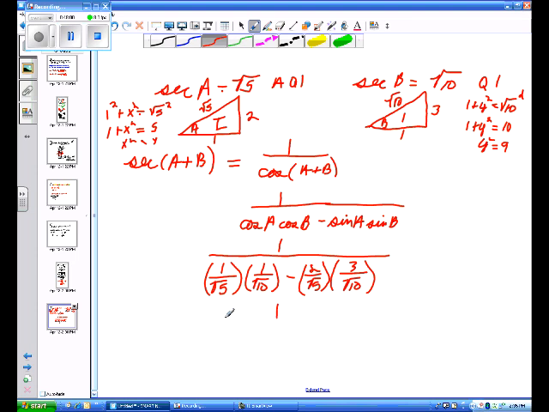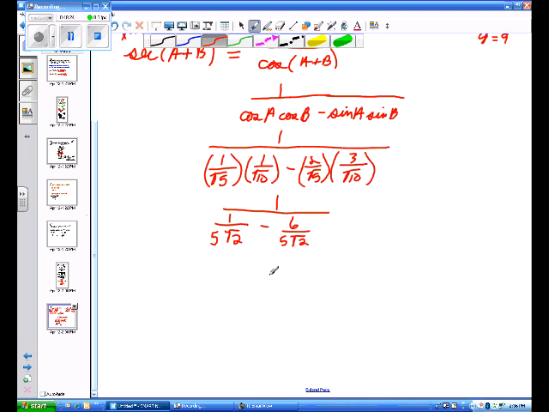So we have 1 over, this is going to be 1 over square root of 50, or that's 5 square roots of 2, minus 6 over square root of 50, which is 5 square roots of 2.